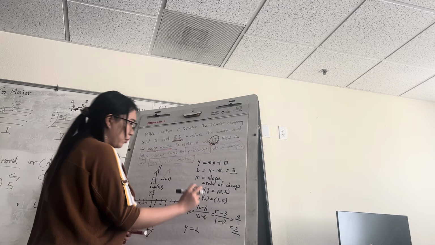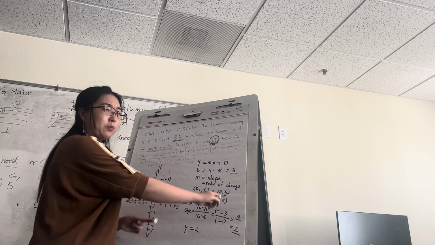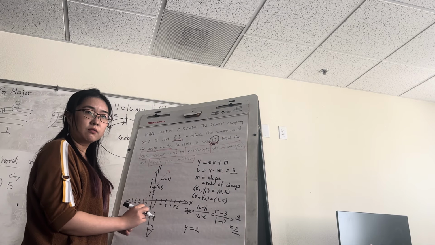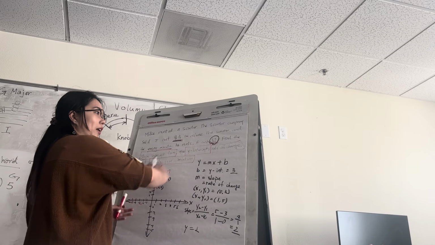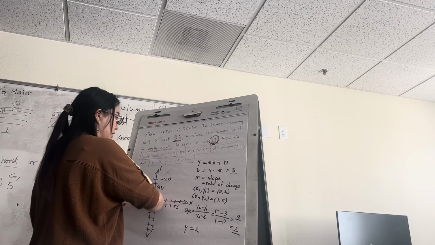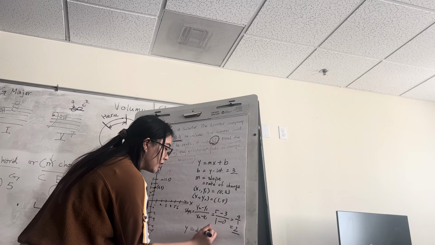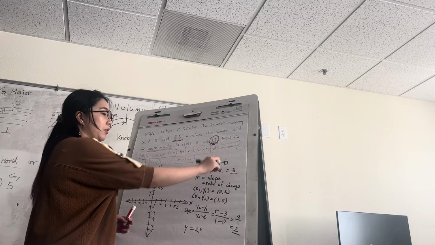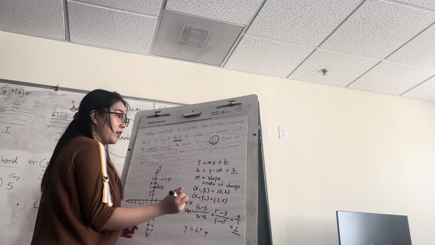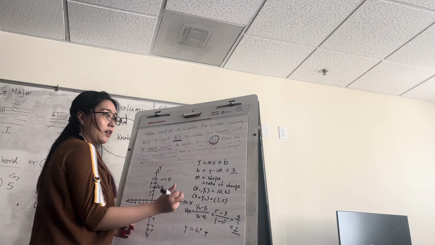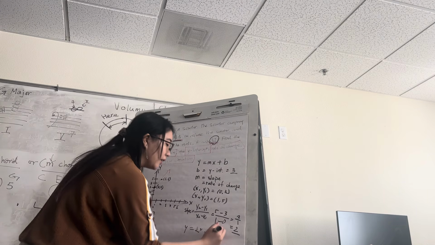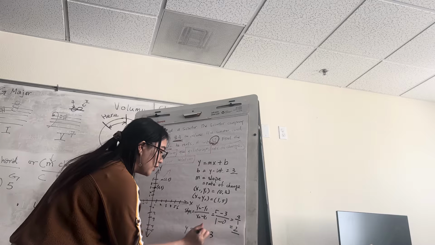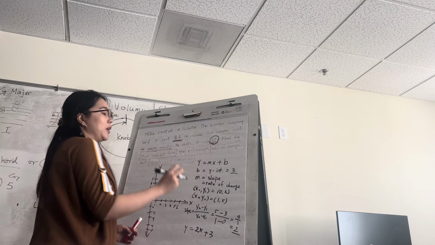And do I write 0 here? Do I multiply? Do I plug in a number? No, right? You just write x because you're writing a general formula of this equation. So x, right? And then plus, what's my b? Right here, 3. Exactly. So this is gonna be my solution.